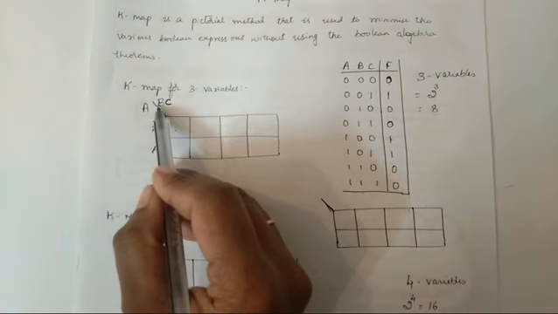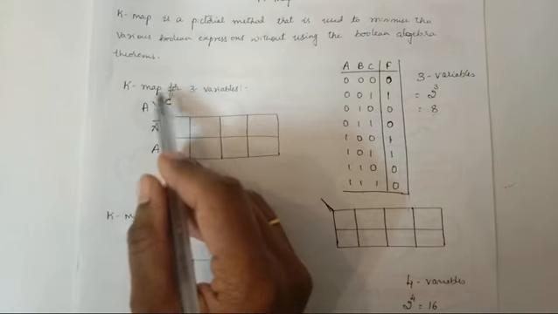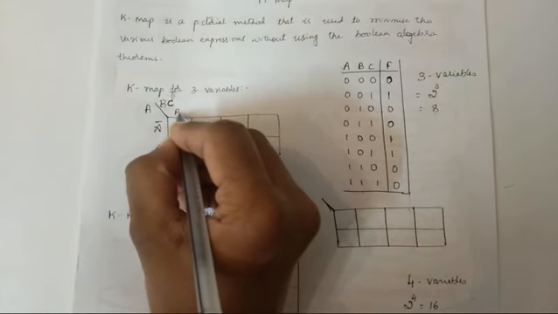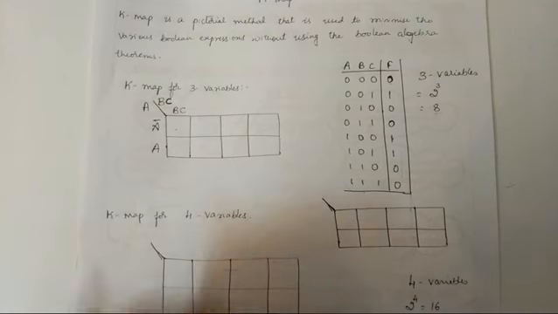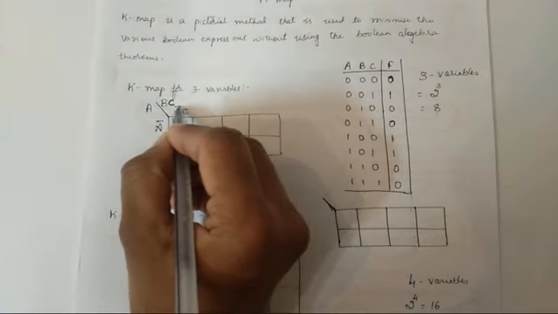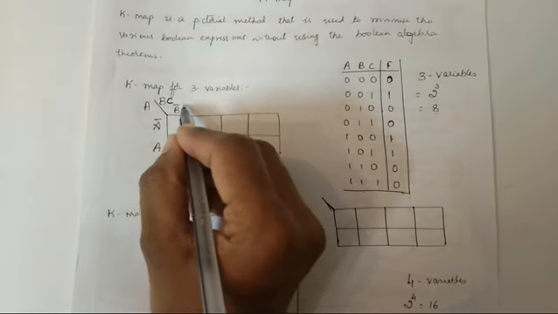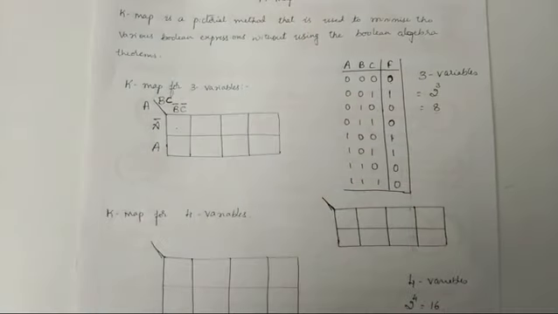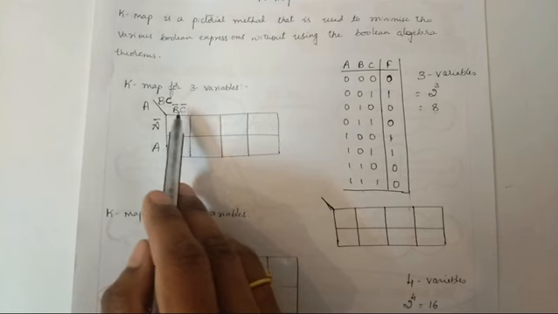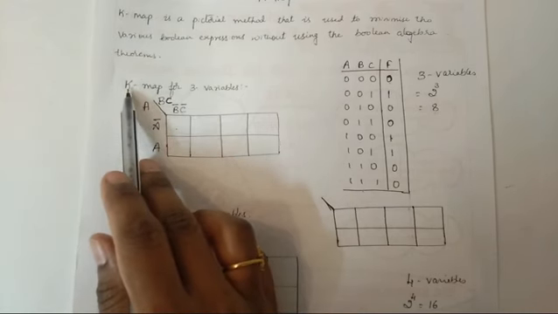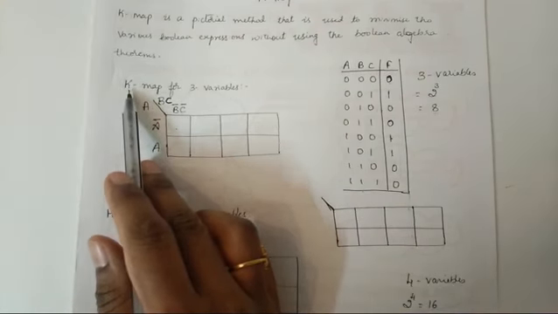Next, the variables we have here are BC. Let me write BC. We will always start with 0 0. So 0 0, how do we write it in terms of variable bar? I'll write it as B bar, and for C it is C bar. In this mapping technique, K stands for Karnaugh, who introduced it.